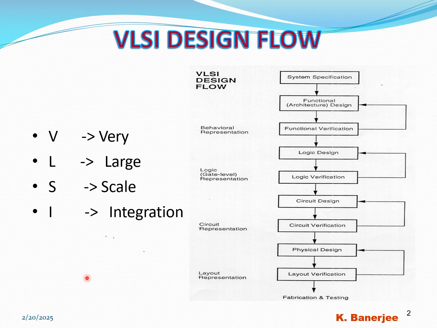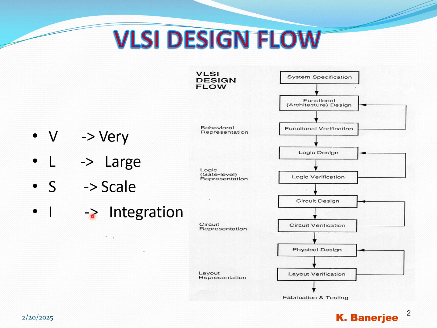After that, it is MSI, where the number of transistors was in the range of 10 to 100. And next is large scale integration, that is LSI, and the range of number of transistors is 100 to 10,000.